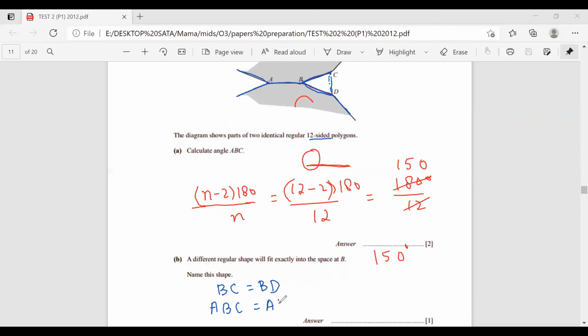That means the angle is the same. So I can say that this is basically an equilateral triangle, because all three sides, 1, 2, and 3, since all the interior angles of both the polygons are the same, so it is basically an equilateral triangle. Clear?